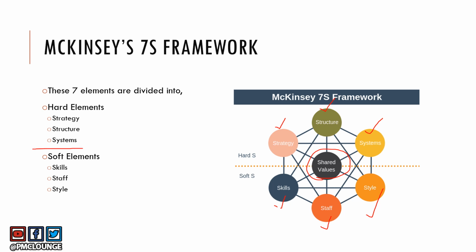Strategy, structure, systems, these are the hard elements. Skills, staff, style, these are the soft elements. And shared value basically falls somewhere in between. Although in certain texts you will find that shared value is also considered a part of soft elements. This is all that you need to know from your PMP exam point of view when it comes to McKinsey's 7S framework.